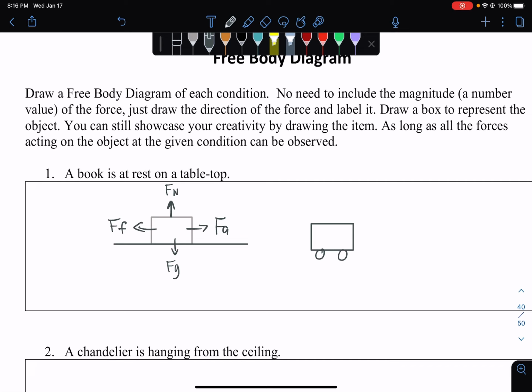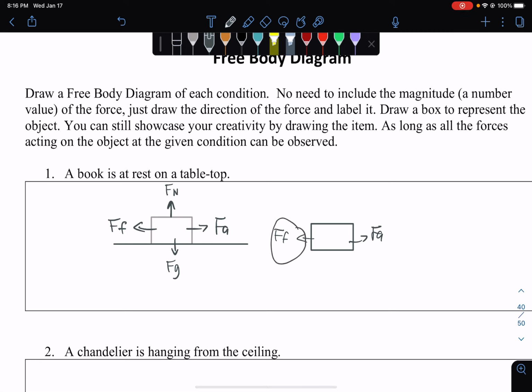Of course, the wheels should be strong enough to traverse roads. It depends if it's going to be rough or smooth, but anyway, we do have the applied force. This is any force that makes us move the object, and the frictional force is the one that keeps the object from moving.